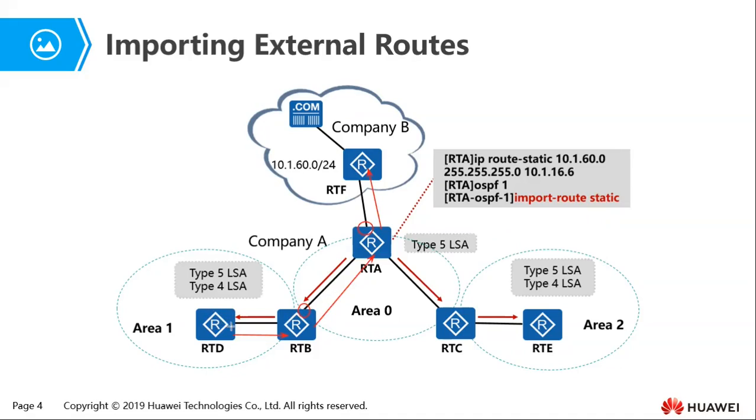So we are sending a packet from RTD to the external network. It's going to add this plus this plus this to get to that one. So that is type 1. What we're calling the internal distance is the distance within your autonomous system, like 1, 2. So before we get to the ASBR, the distance is 2, for example. Then to the external network, again, the distance is 2.